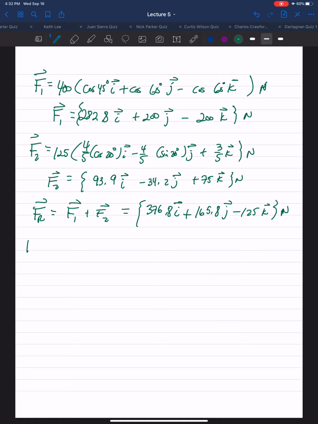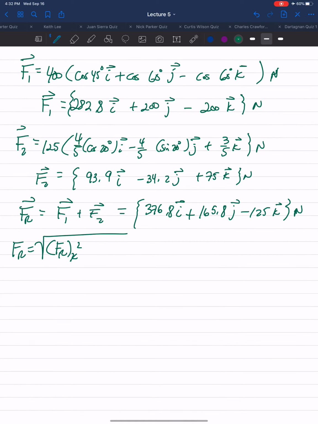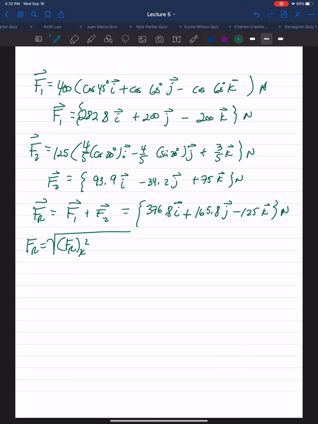Therefore, the magnitude of the resultant force is the square root of the x component of the resultant force squared, plus the y component of the resultant force squared, plus the z component of the resultant force squared.